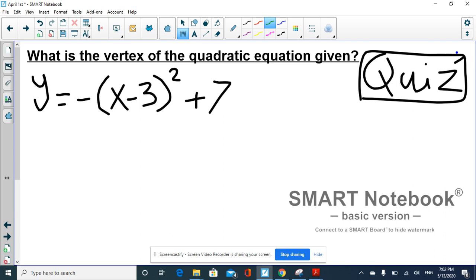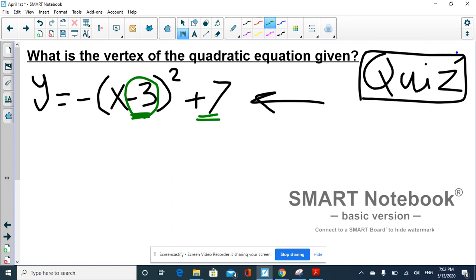First, this quadratic equation is in vertex form. We call this form a vertex form. Okay? So how can we find the vertex from this one? This is the easiest form to find the vertex from. The vertex is the number inside here and this one. This is the x coordinate, but it is the inverse of the number.